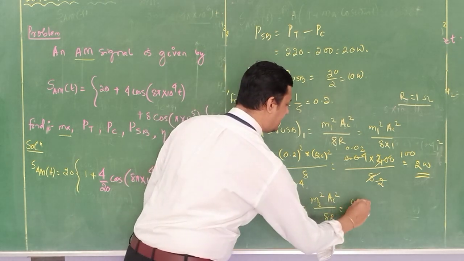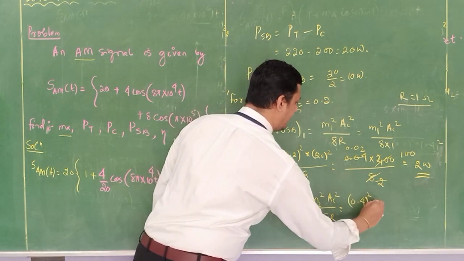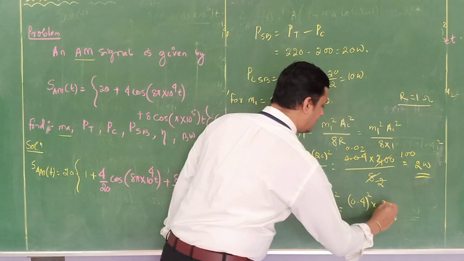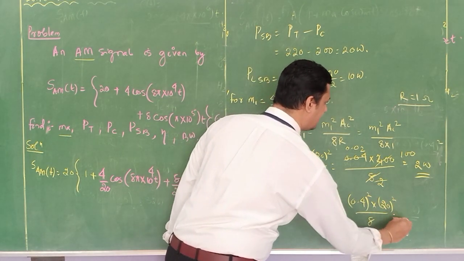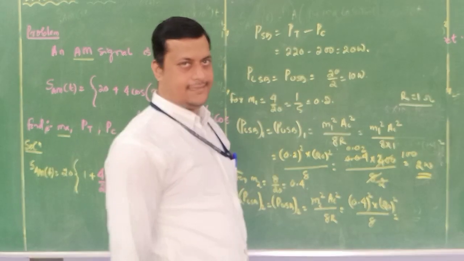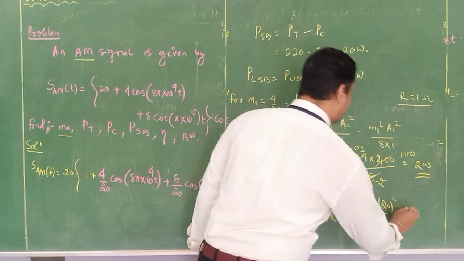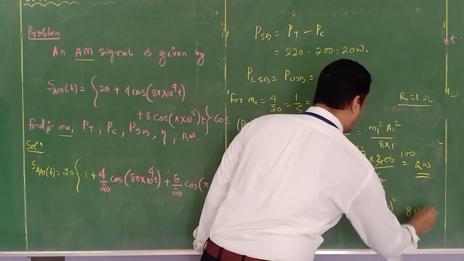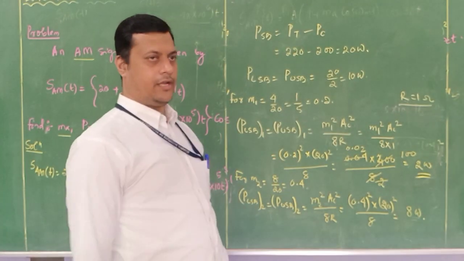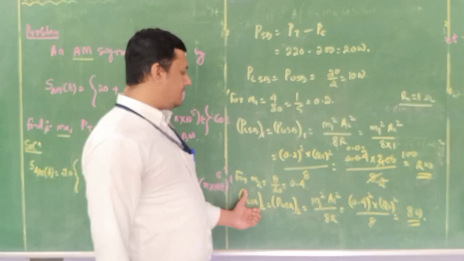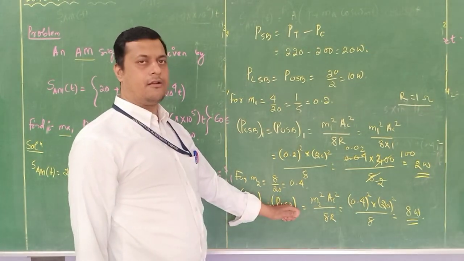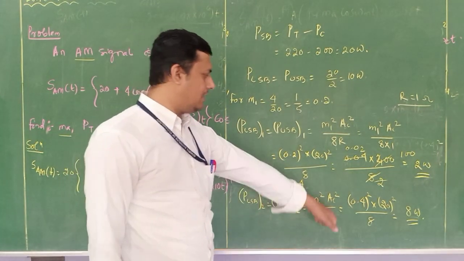Now M2 is 0.4 whole square into 20 whole square divided by 8. Okay. Now if you solve this, you will get 8 watt. Now the lower sideband and upper sideband for second modulating signal is 8 watt.